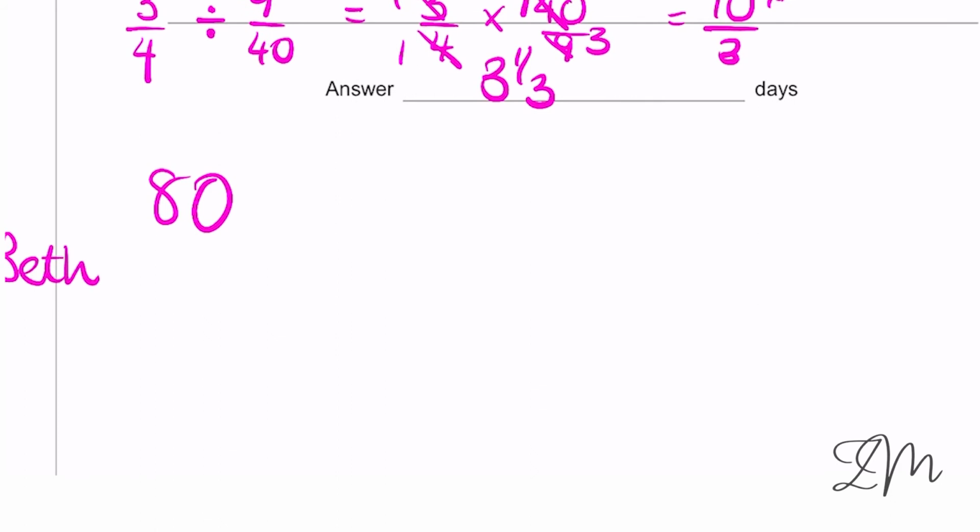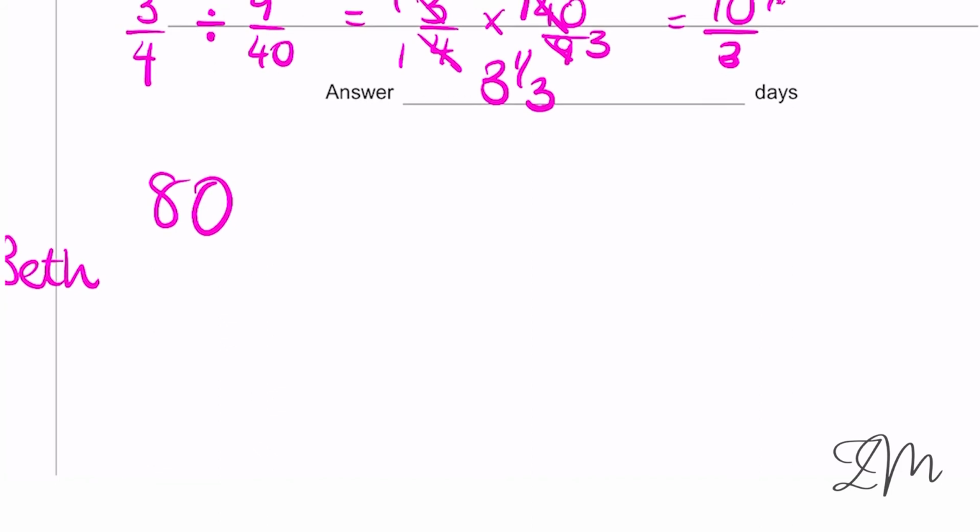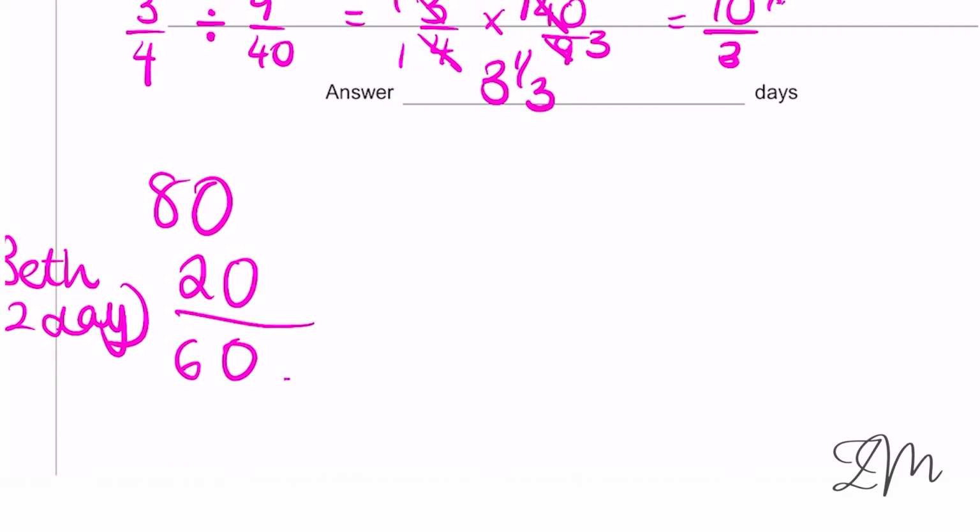The reason I chose 80 is because it goes into 8 and 10. You'll get to exactly the same answer. So Beth starts, and normally it would take Beth 8 days to do all 80. So therefore, in 1 day, she's doing 10. So Beth starts, in 2 days, she finishes 20. So now there's 60 left.